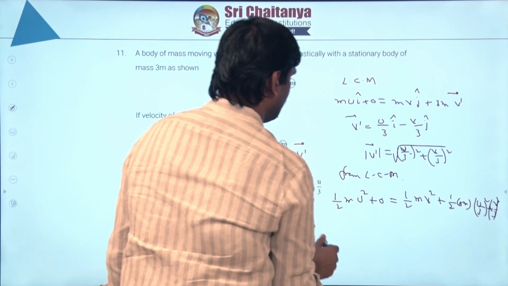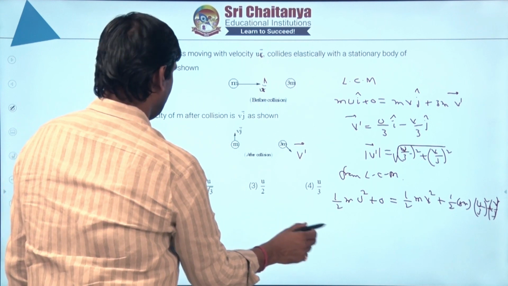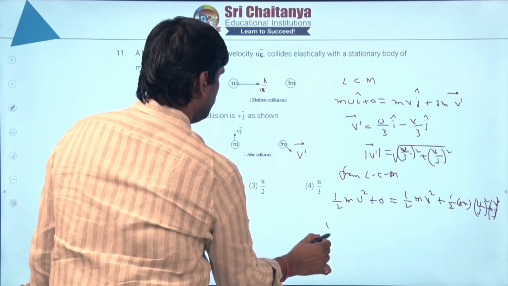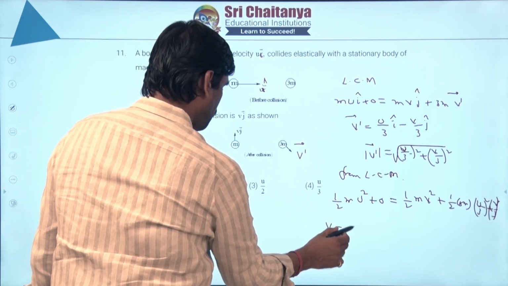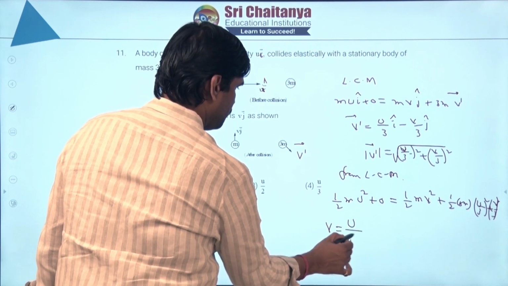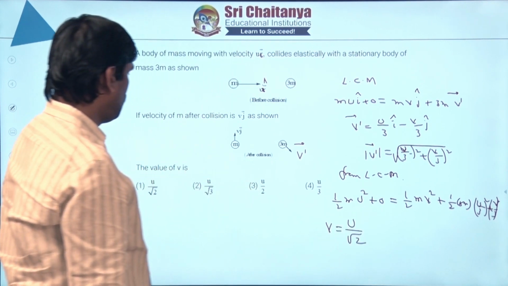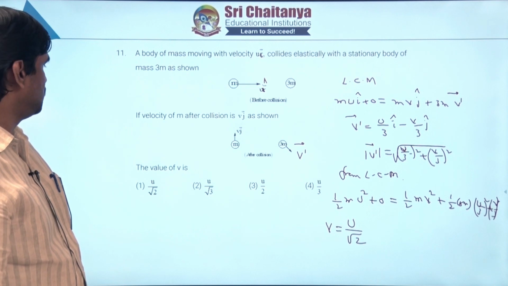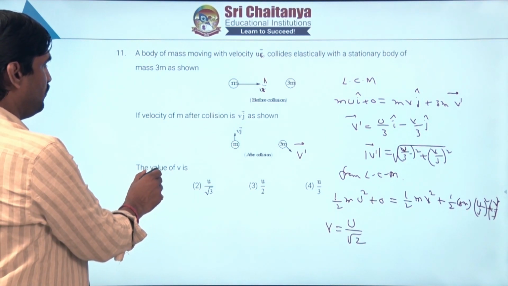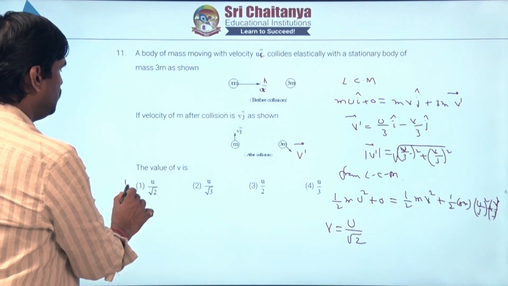By calculating you will get V is equal to u by root 2. So, out of the 4 options, the velocity of the first body after collision is u by root 2.